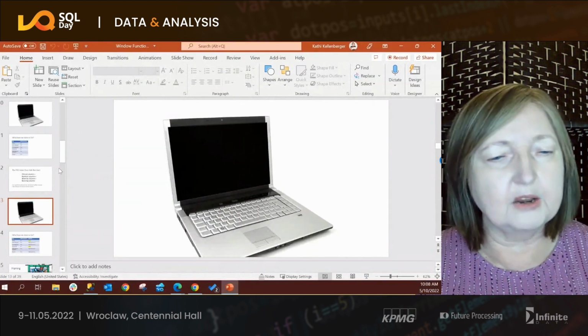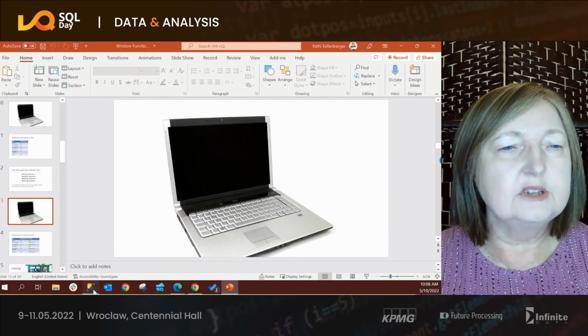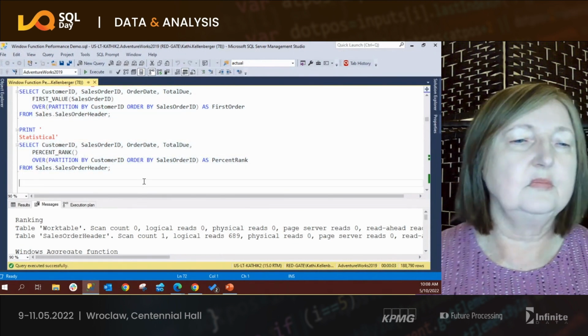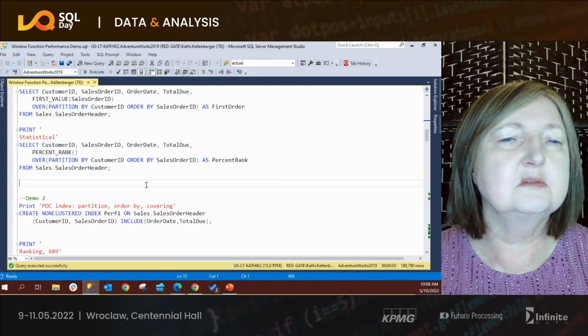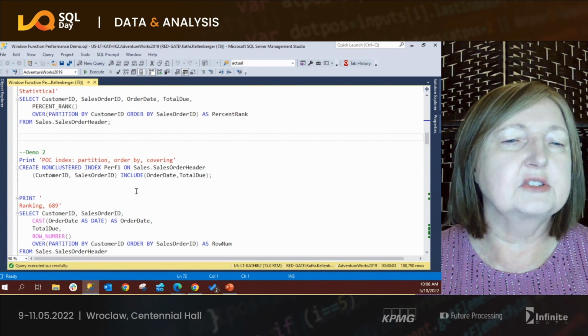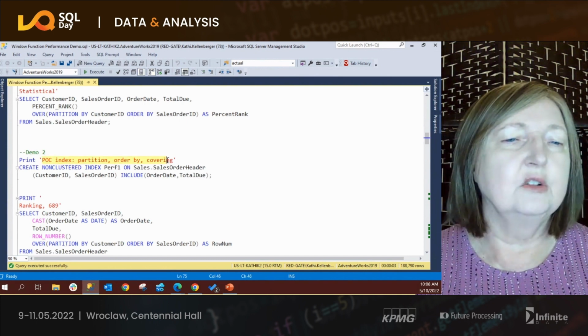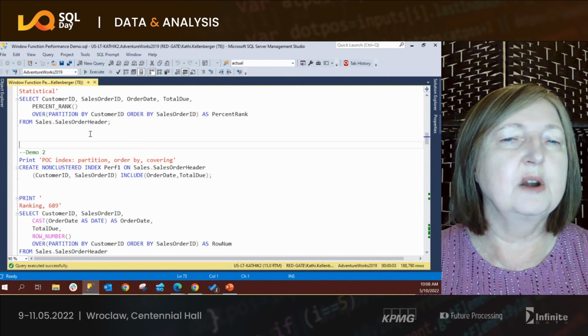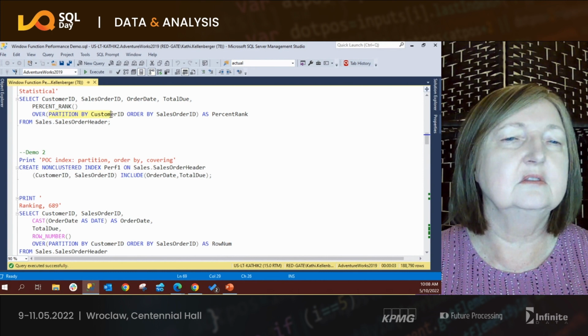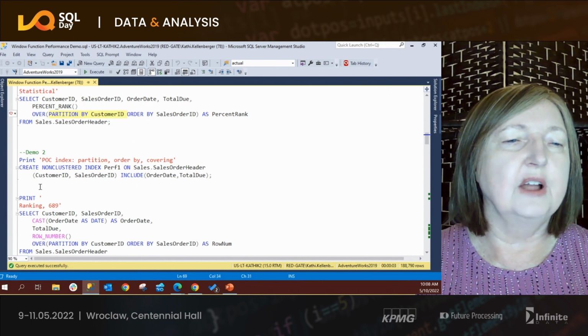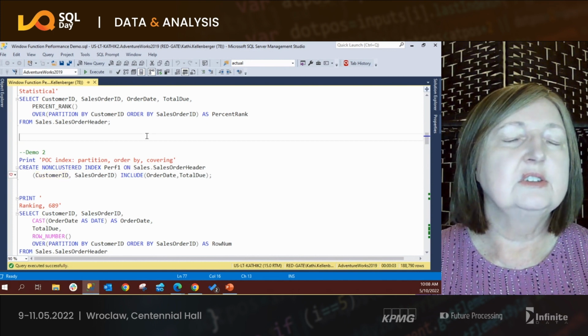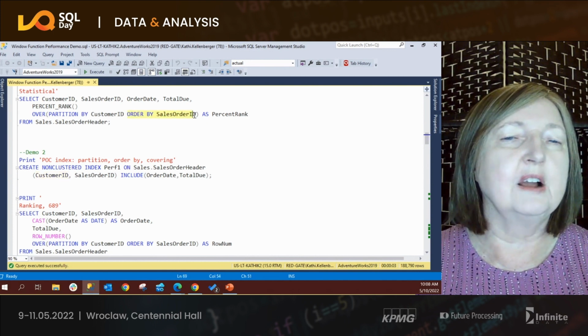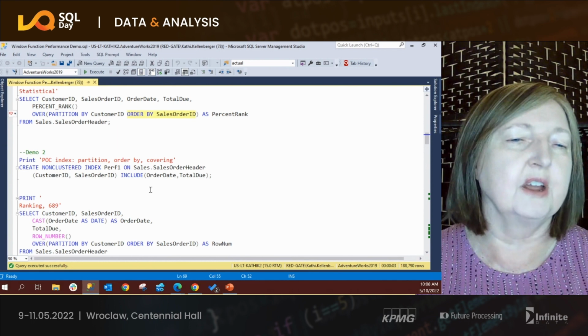So I'm going to pop back over to the demo, and I'm going to add this index. So if I look back at my queries, they all have partition by customer ID. So that's my P for partition. Some of them have an order by, not all, because they don't all support that.